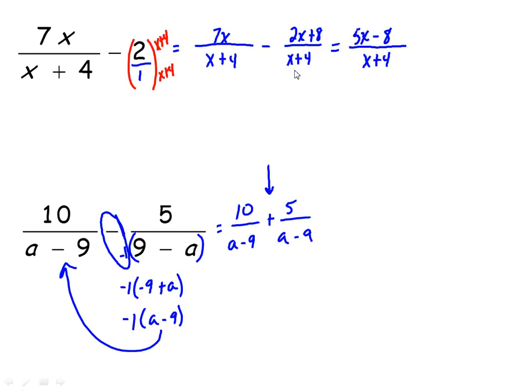Now that we have a common denominator, we're just going to put our numerators together over that common denominator. So you have 15 over a minus 9. Now, a question that you need to ask yourself, and this is a reminder from last week, can I reduce the 15 and the 9 by 3?